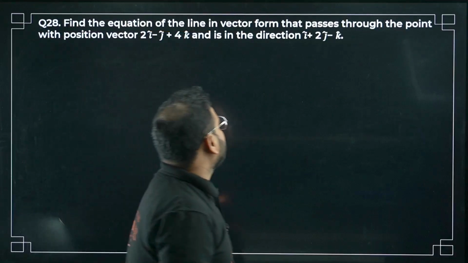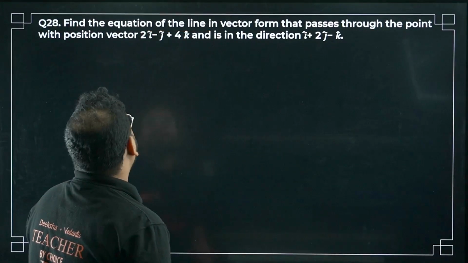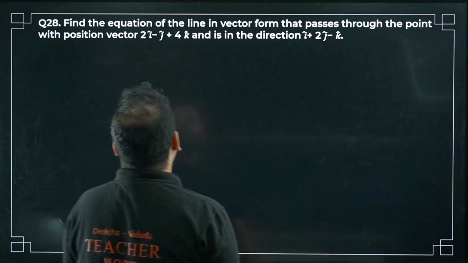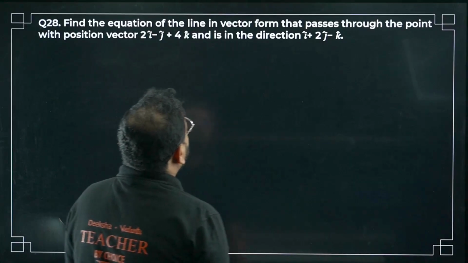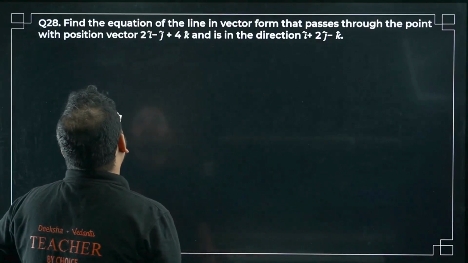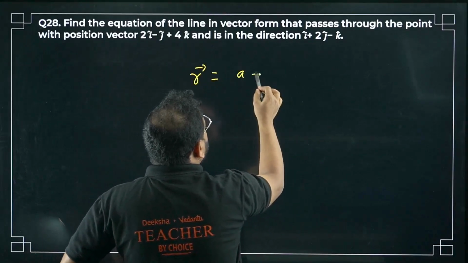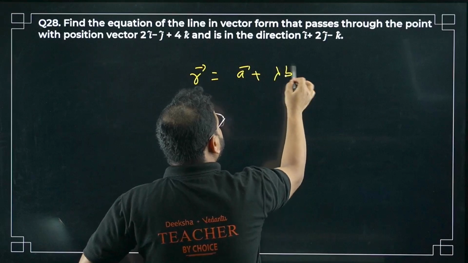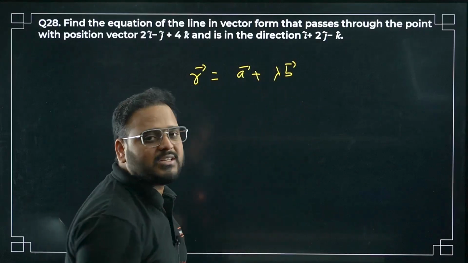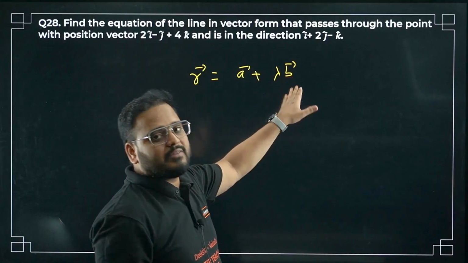28th now. Find the equation of the line in vector form that passes through the point with position vector 2i minus j plus 4k and is in the direction i plus 2j minus k. That is simple. We know the general form is a plus lambda b, where a is the position vector of the point it is passing through, and b is the vector it is parallel to.